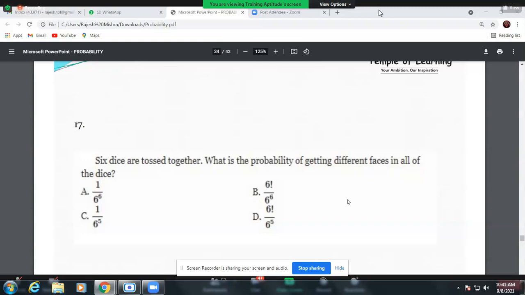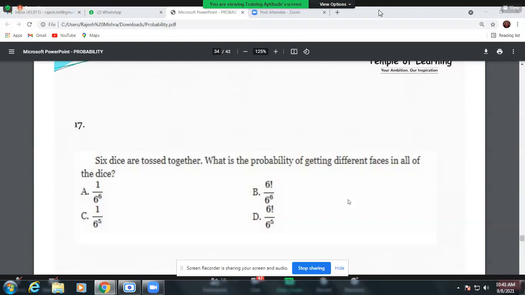Question number 17. This is interesting. Six dice are tossed together.